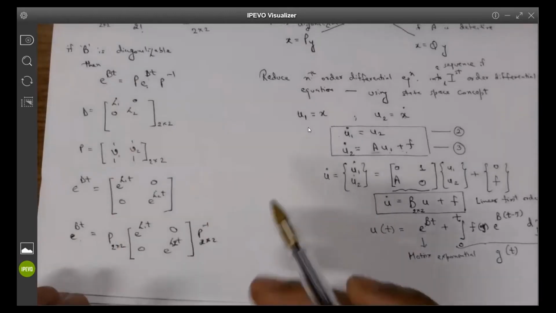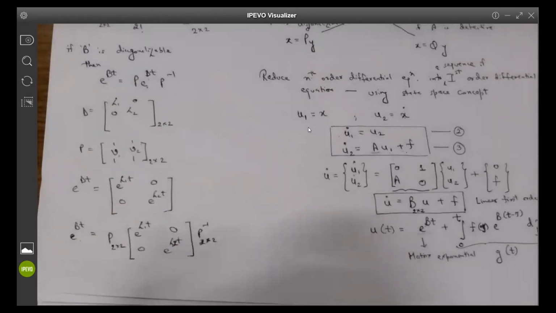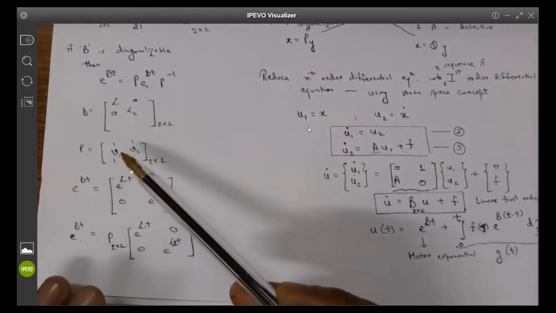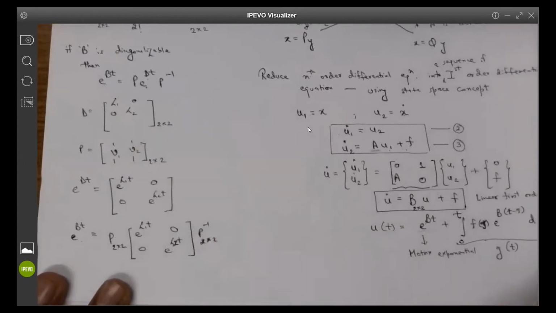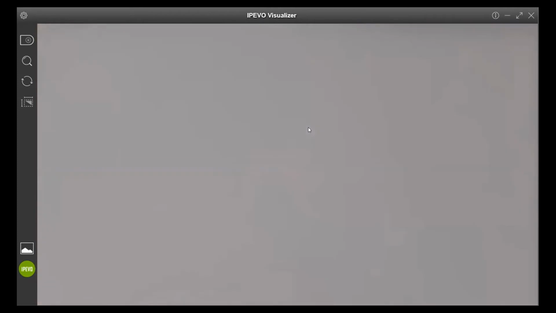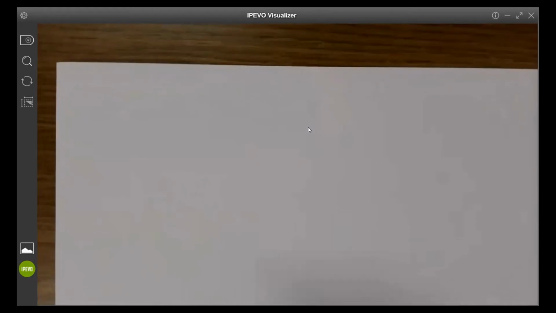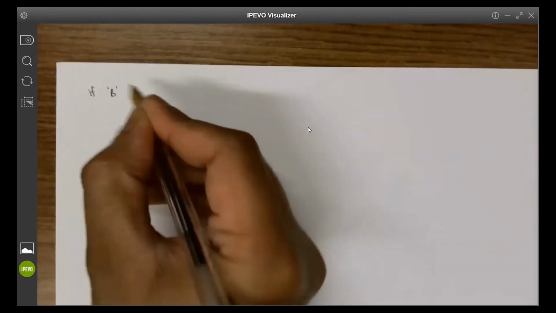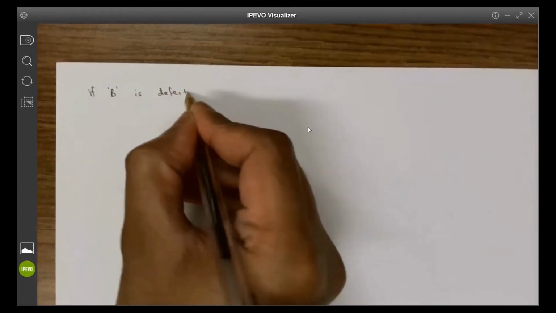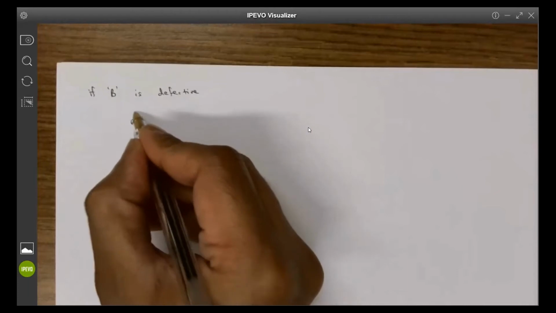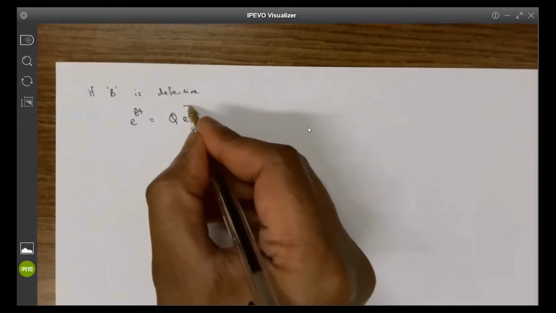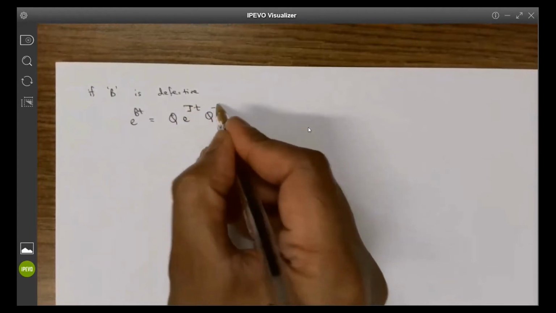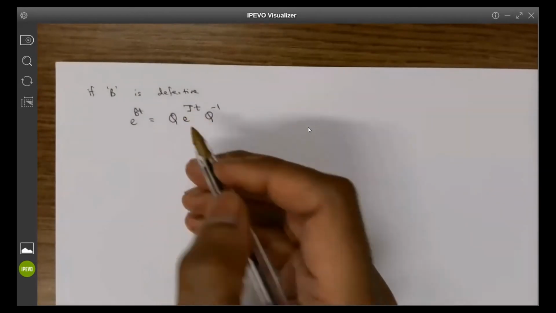So if B is defective, as we know, meaning there are repeated eigenvalues or no linearly independent eigenvectors, we need to use the equation of the missing eigenvector. Let me use a separate sheet. If B is defective, in that case the matrix exponential is written as Q e^(Jt) Q inverse, where J is the Jordan matrix form.